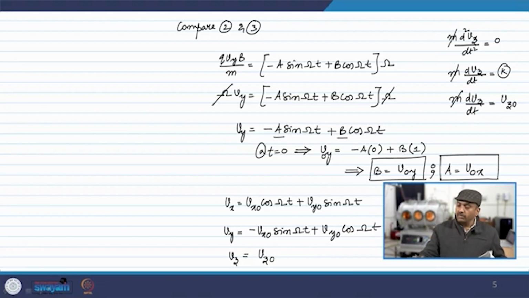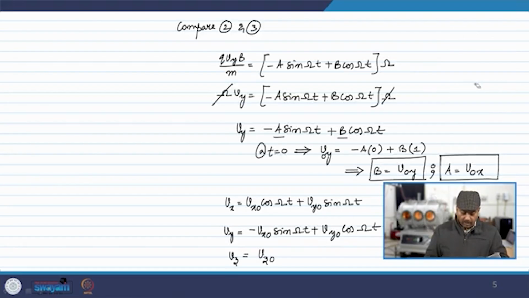So, m dVz by dt is a constant, or Vz will be Vz0. The velocity along z axis will remain a constant. Now, we have this Vx, Vy and Vz. Now, we have to understand the nature of the motion.